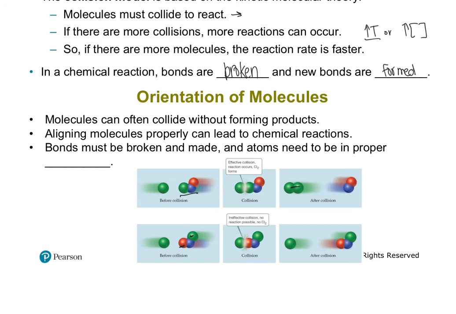We will just have an insufficient collision where the collision doesn't result in a reaction, even if we have enough energy. So in order to break bonds and form new ones, atoms need to be in the proper position, or proper orientation.